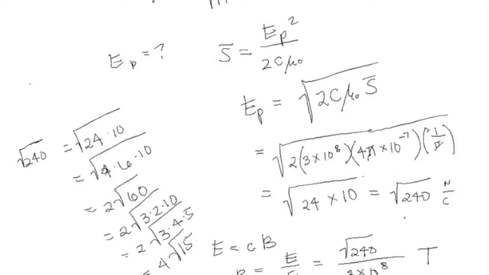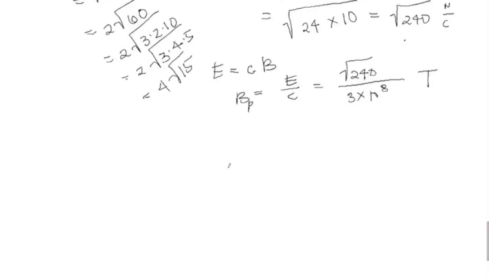Good. So let's try plugging that in over here. Okay, and there's not too much more simplification you can do, but let's rewrite this as a power of 10 in the numerator.